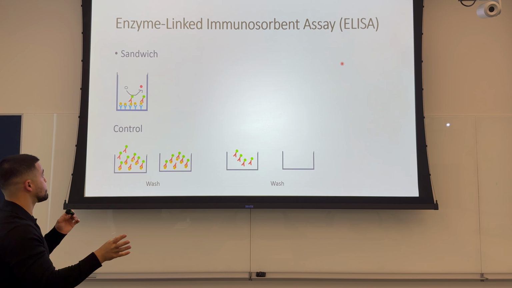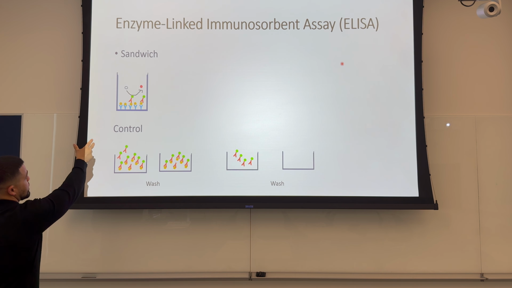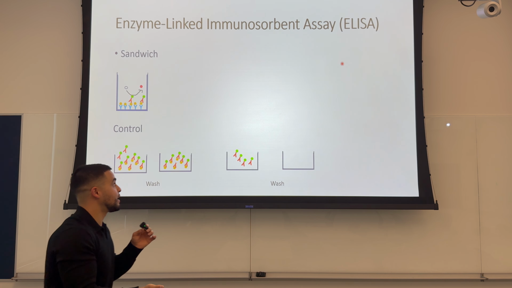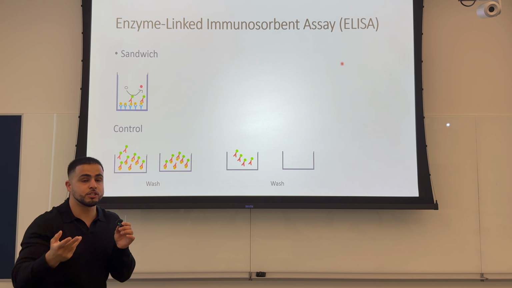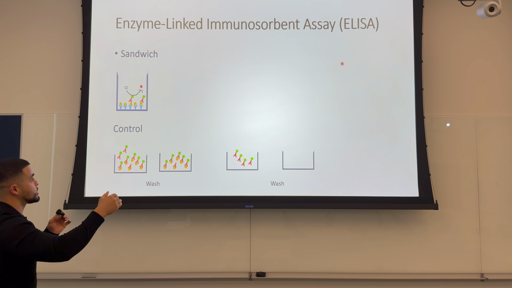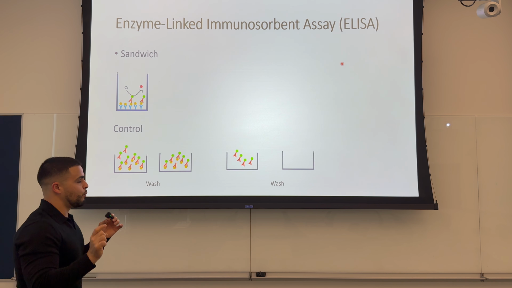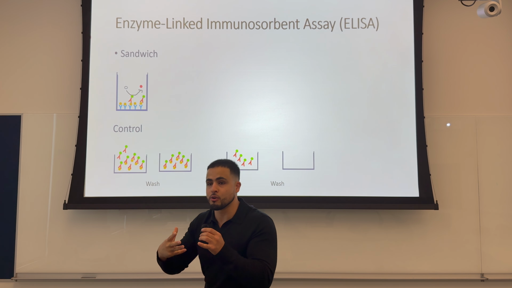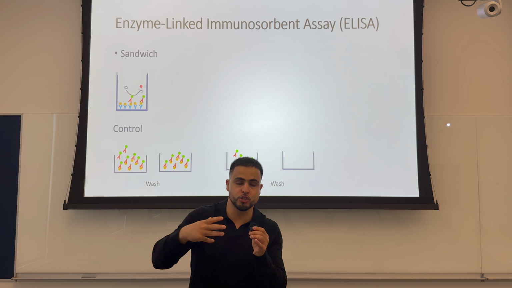So also very similar. Over here, you're coating your beaker with the antibody, and then you're adding your sample and then your secondary antibody will bind to the antibody-antigen complex, and again, you'll run your reaction and determine the concentration.